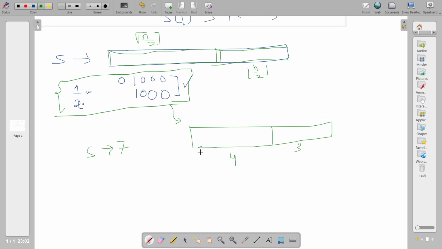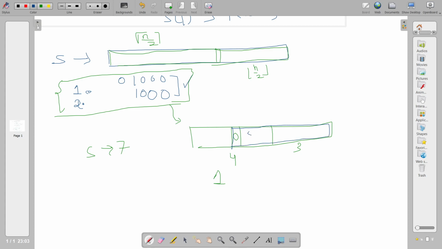Suppose I find any index in this portion of length ceil of n by 2, and this is a 0, then I can easily find an answer. The first string would be this 0 followed by something.